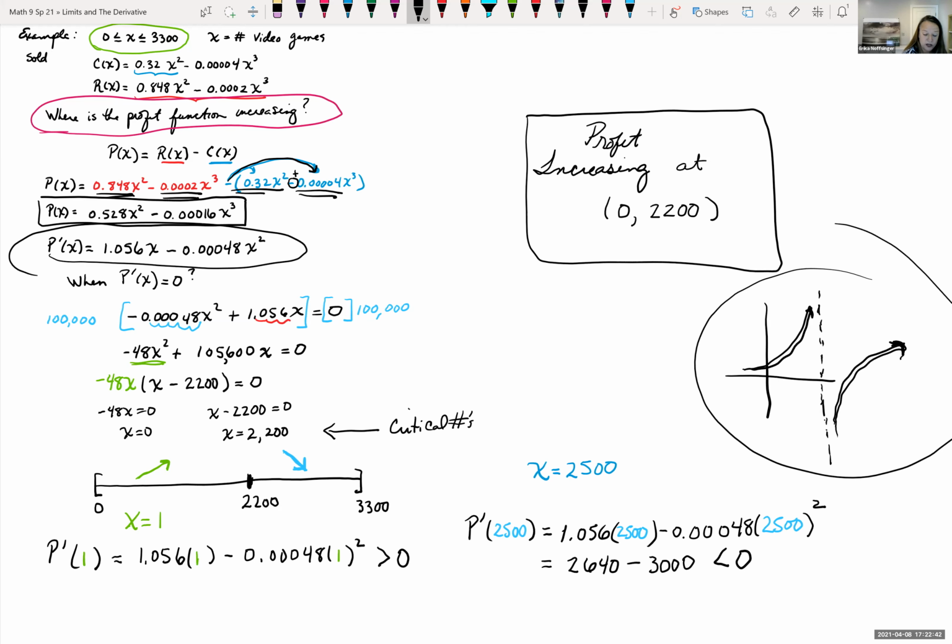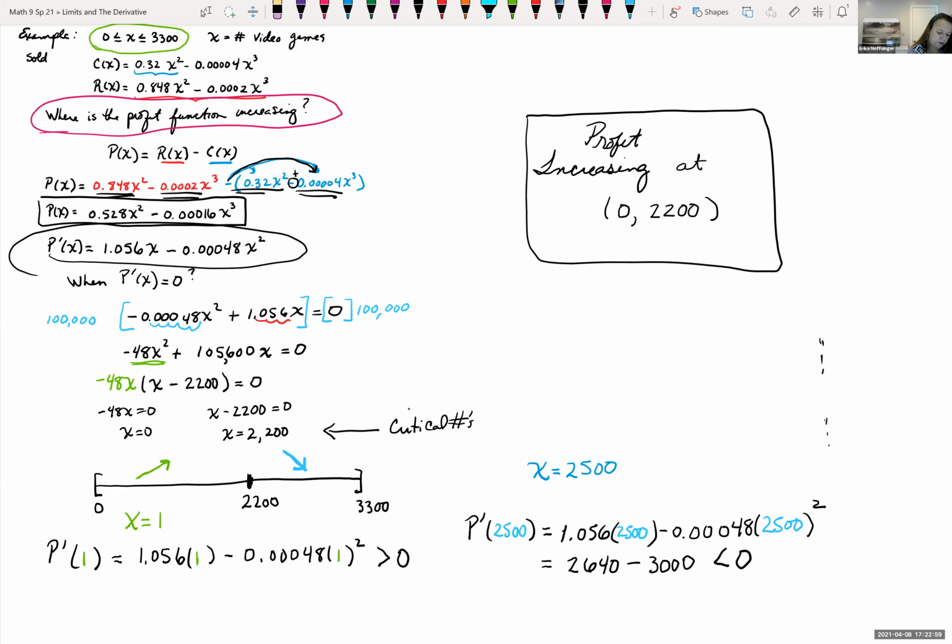In that case, we would not include the value where it was undefined. So in our case, if it was this way, we'd have 0 to 2,200, union 2,200 to 3,300. So great question.